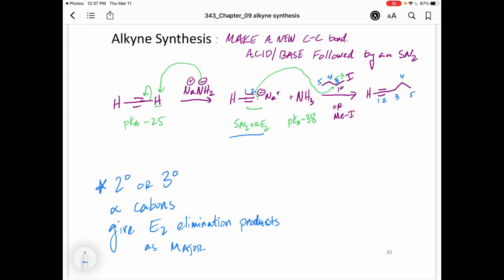So this really only works for primary, or if you have a methyl with a leaving group.